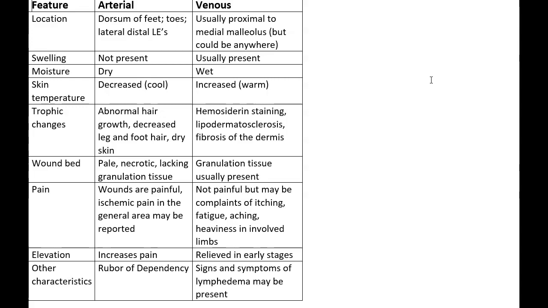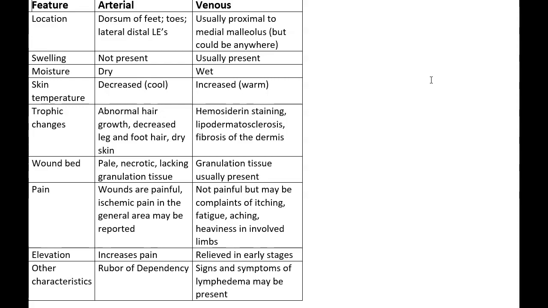Other characteristics. There is a phenomenon known as the rubor of dependency. Rubor simply means reddening. So let's say you have your patient supine, you're going through an exercise program with them, a mat program, they have arterial insufficiency, and you have them sit up, and their legs are now dependent. What you may notice is they become quite red.